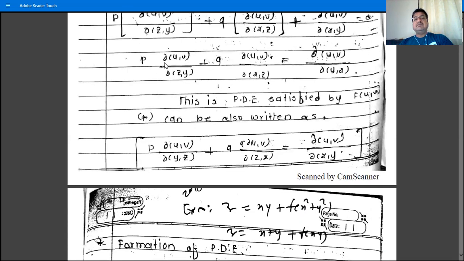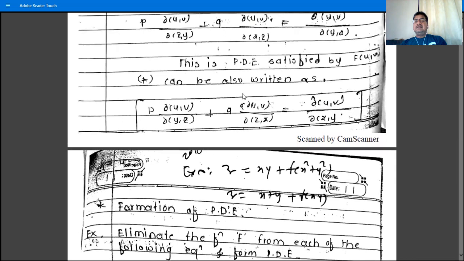So write minus of this, minus of this, minus of this, and minus dou (u,v) by dou (z,y) is plus dou (u,v) by dou (y,z). Then minus dou (u,v) by dou (x,z) is plus dou (u,v) by dou (z,x), and minus dou (u,v) by dou (y,x) is plus dou (u,v) by dou (x,y). That is, change the sign of all the quantities.